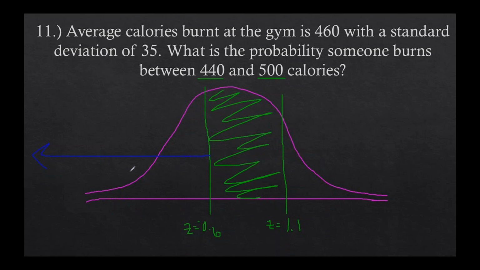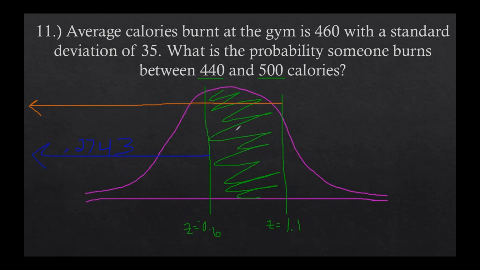Okay, so 0.2743. So the area to the left of my negative 0.6 is 0.2743. Yes. Okay, then if I say, okay, well, area to the left of 1.1, that's all of this.